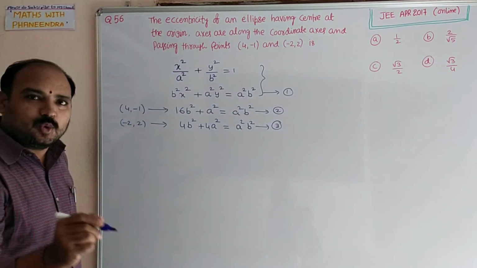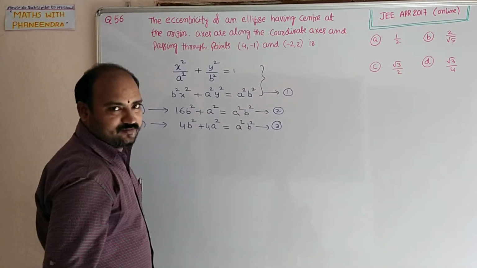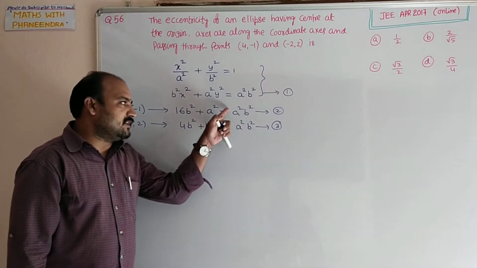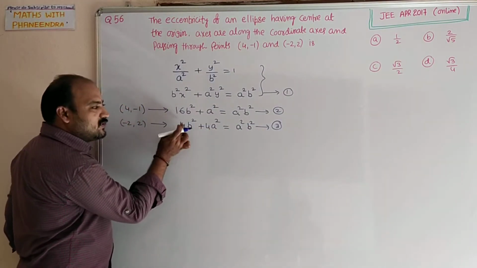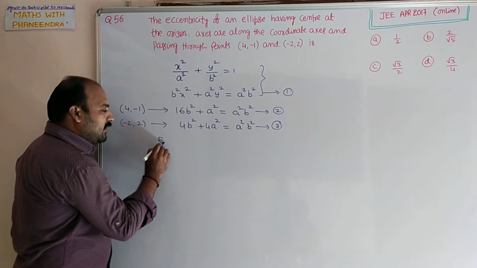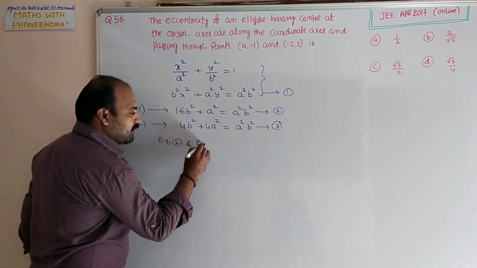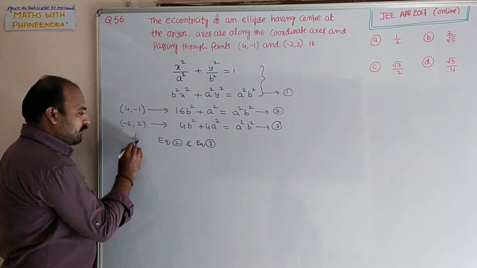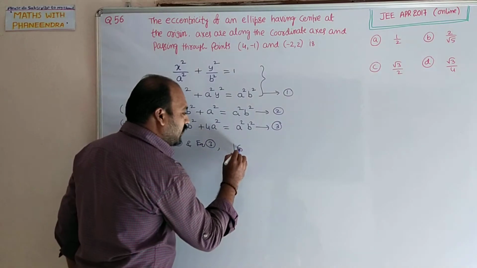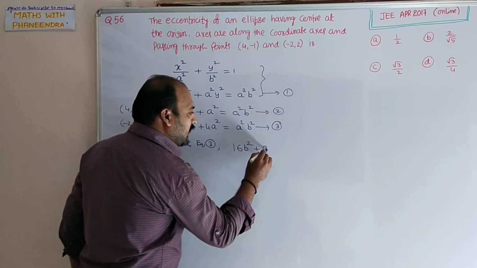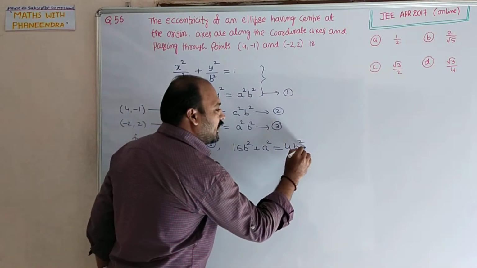From equation 2 and equation 3, we observe that the RHS values are equal, so obviously the LHS values are also equal. From equation 2 and 3, we have 16b square plus a square is equal to 4b square plus 4a square.